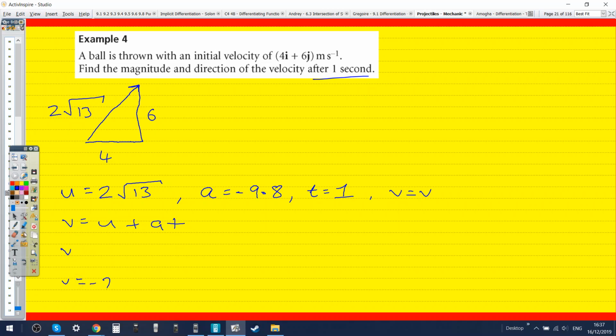V equals minus 2.59. And how about direction? So that'll mean it's falling downwards. Yeah. But would you know at what angle?